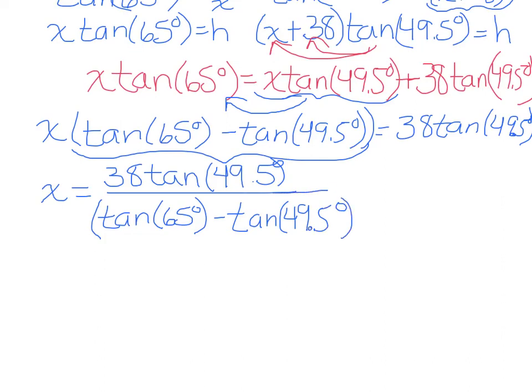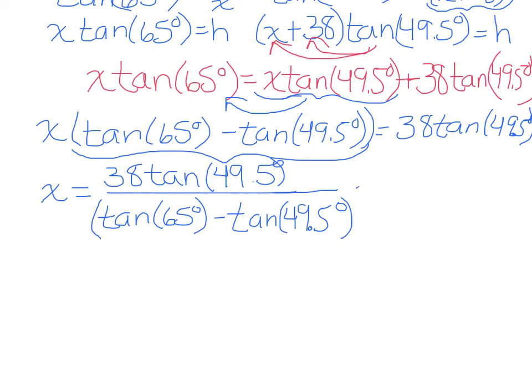And when you store them, use something that makes sense to you. So maybe I might store 38 tangent of 49.5 degrees under n. That would be for numerator. And then the denominator I can just keep in my calculator and use second answer.